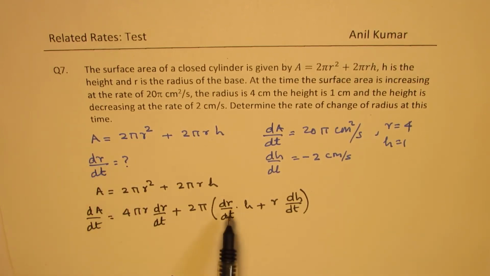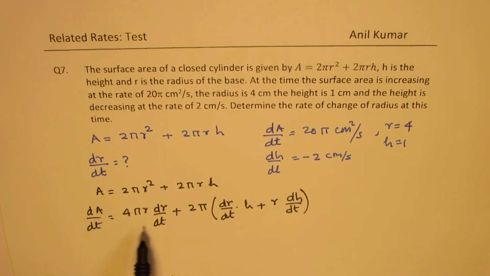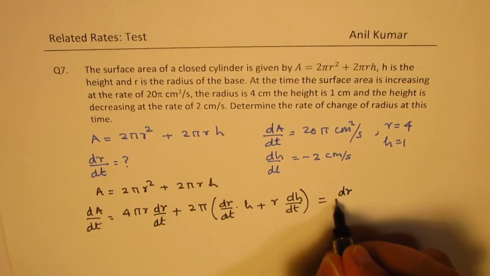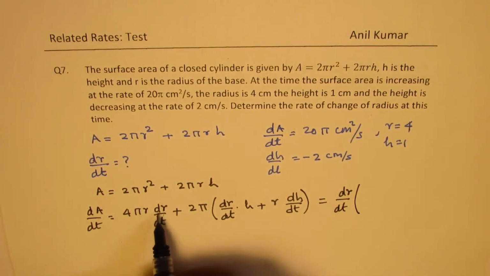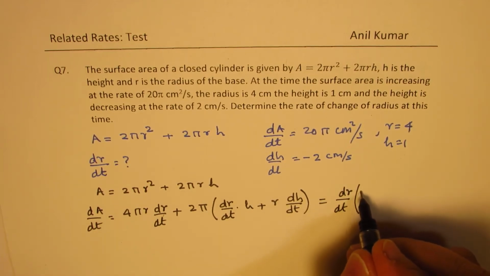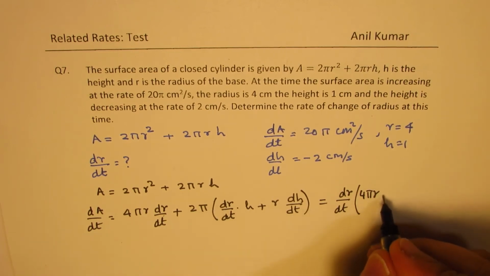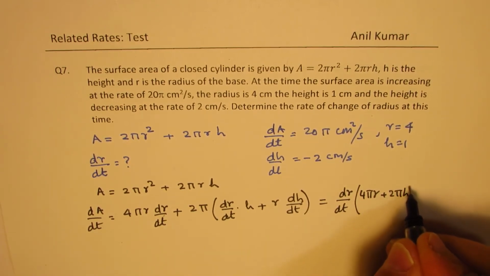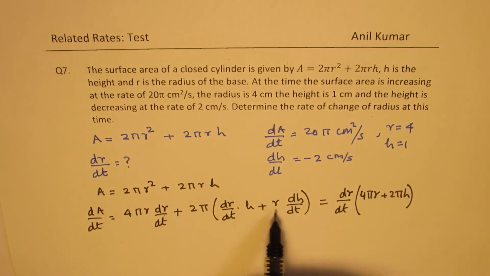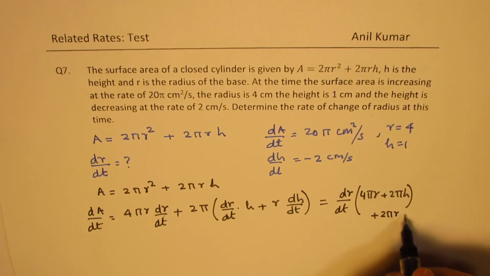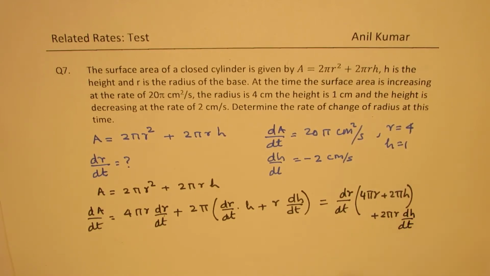We need to find what is dr/dt, right? So that's what we need to find. We can always isolate that, so let's isolate. That's not a problem. So we'll write dr/dt here: we have 4 pi r, and here dr/dt is 2 pi h. The other term is 2 pi r dh/dt, right? So plus we have 2 pi r dh/dt, correct?